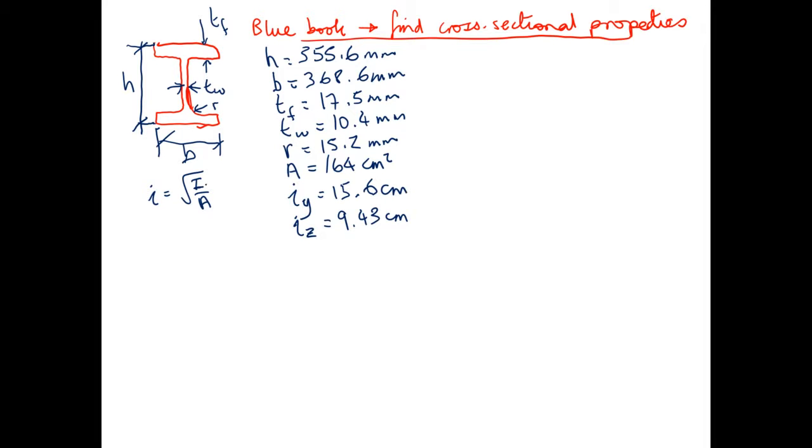About the y-axis, it's the square root of the second moment of area about the y-axis divided by the area. It's different about y than z, so the radius of gyration about the y-axis should be bigger than about the z-axis. Okay, so that's the blue book.